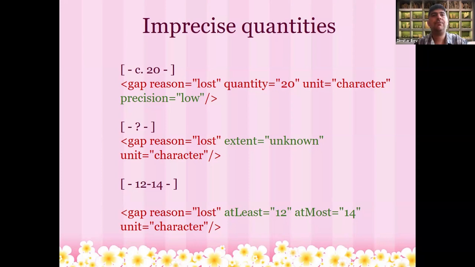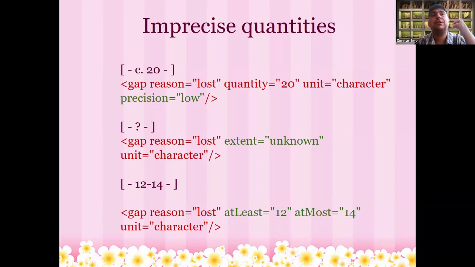So you have, again, gap, reason lost. You have a space here, a lacuna here, which spans from at least 12 characters to at most 14 characters, depending on how these characters were written, how much place they took on the stone originally, or how many ligatures were in between them.